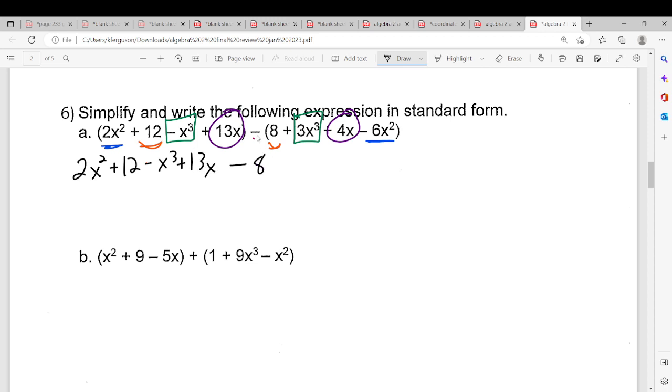Minus 8. That went from a positive to a negative. Minus 3x cubed went from a positive to a negative. That is a positive 4, I believe. Yep, okay. So positive 4 makes that a negative 4x. And then this is negative, so that becomes positive 6x squared.